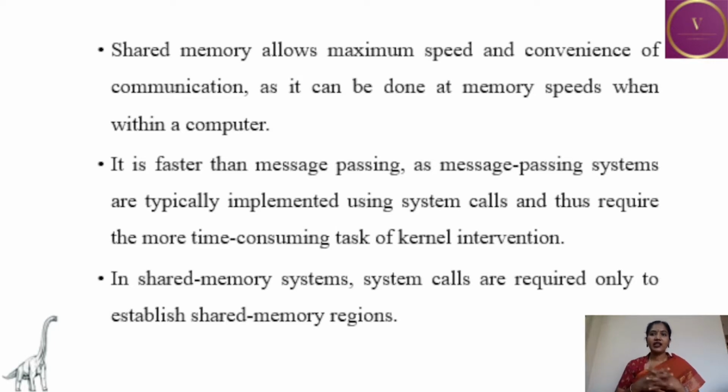In shared memory, system calls are required only to establish the shared memory region, whereas in the message passing system, every time you send a message you have to make a system call and involve the kernel, and from the kernel it has to be sent to the other process. Whereas in the shared memory model, a system call is required only to establish the shared memory region of the process which is willing to share the information. Okay.